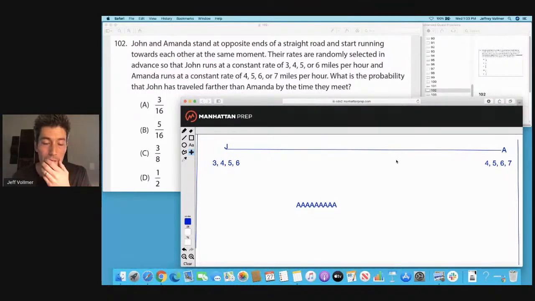So if I created all the combinations here of speeds that John could go and speeds that Amanda could go, there would be 16, right? 16 combinations, like 3 and 4, 3 and 5, 3 and 6, 3 and 7, 4 and 4, 4 and 5, 4 and 6, 4 and 7, etc. And I just need to find which of those combinations does John have a greater speed than Amanda.